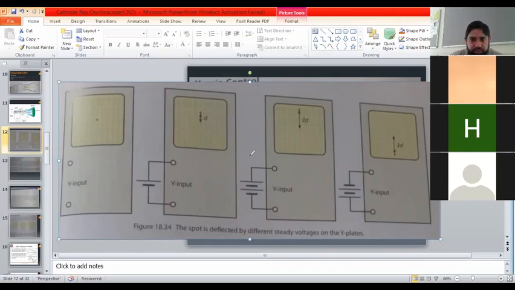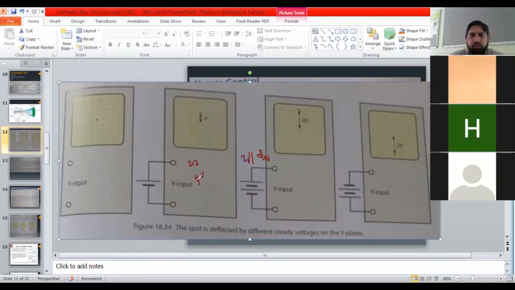ऐसे होगा जी. स्केल हमारे पास है 2, मैं कुछ और कलर चूज करता हूँ, 2 volt per division. ठीक है जी. So here we have 2 units deflection, so that means 2 multiplied by 2, consider multiply 4 volts potential difference.